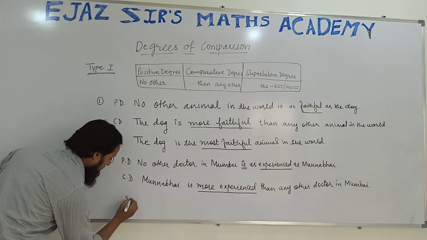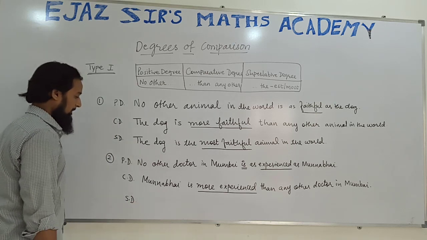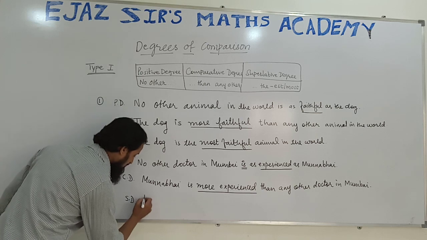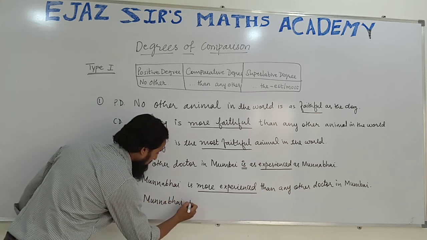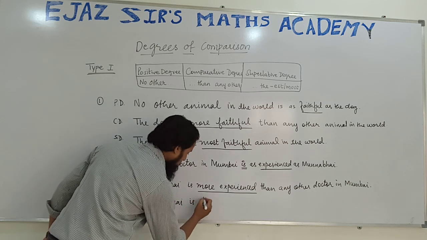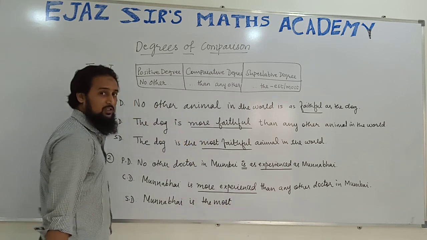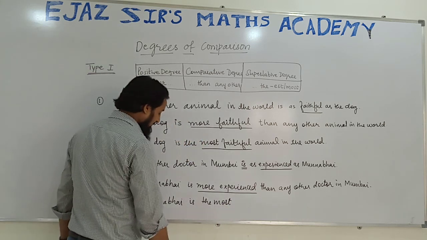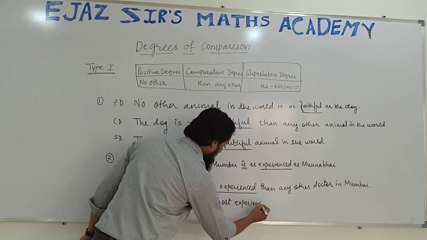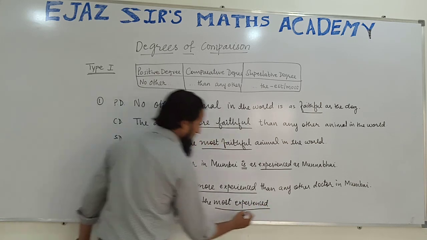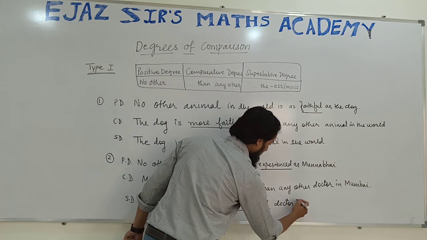The superlative degree is: Munna Bhai is the most experienced. We know superlative degree must be preceded by the definite article, as we studied in the previous lecture.